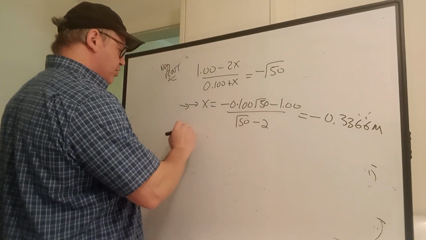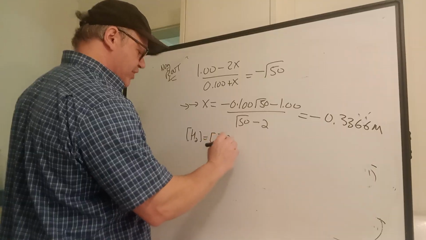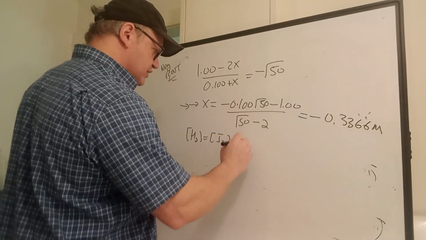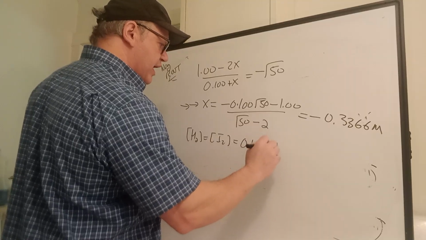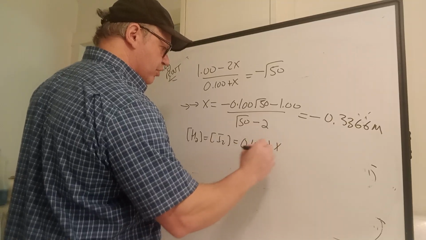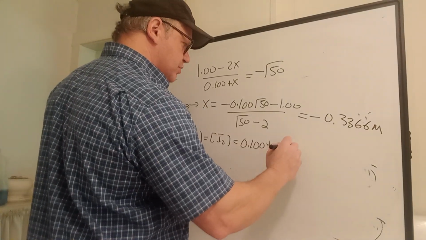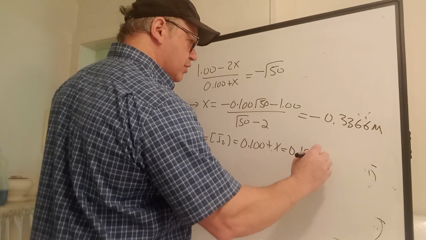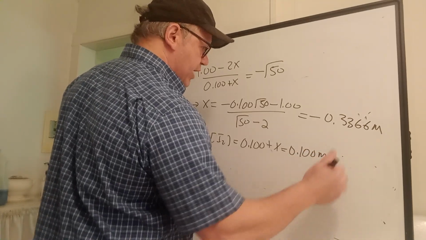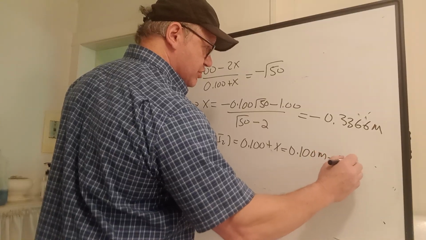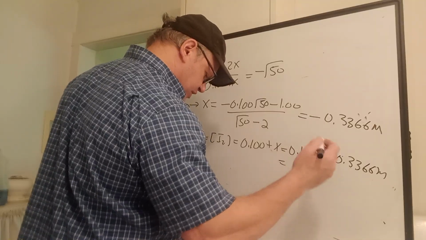For example, H2 equals I2 equilibrium concentrations, this is just for example, is 0.100 plus x. This is all in molarity, so when you do the math out, that's going to be 0.100 molar minus, because x is a negative number here, 0.3366 molar. So it ends up being a lesser number.